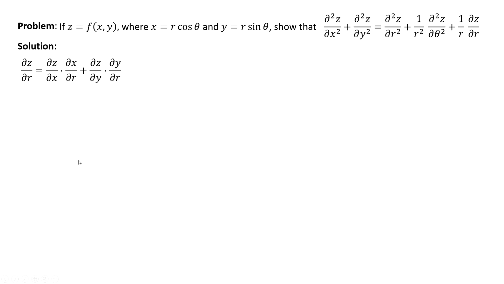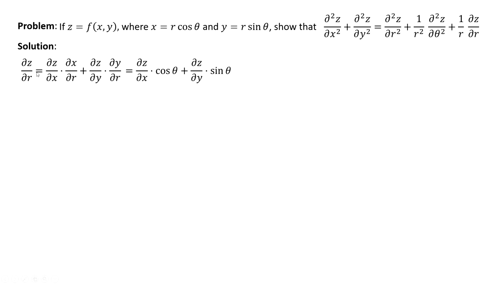Watch this. Partial z, yeah. By the way, do you recall that x equals r cosine theta, y equals r sine theta is the way you go from polar coordinates to Cartesian coordinates? When you do that, partial z with respect to r is partial z with respect to x times partial x with respect to r.